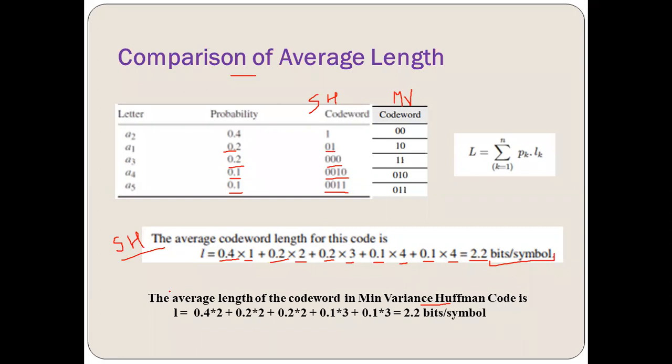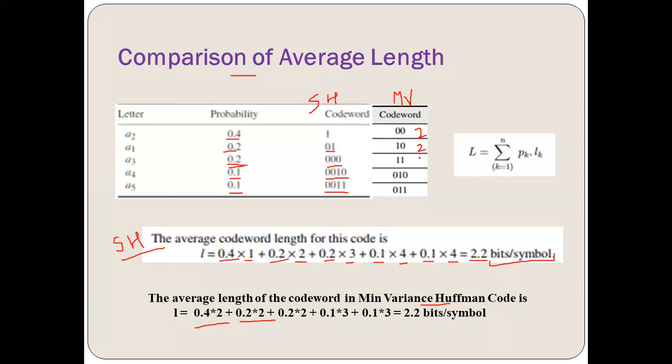Now let's see the minimum variance length. Again, same way, 0.4 multiplied by length, here it is 2, so 0.4 into 2. Then 0.2 into 2. Then 0.2 into 2.